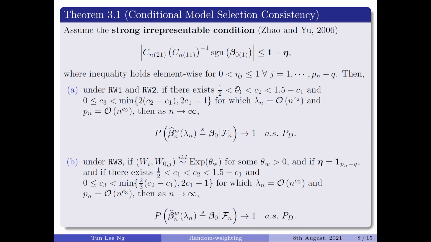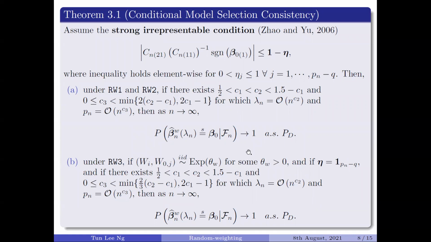So with this condition, then with the appropriate rates of growth for the regularization lambda n, and with proper rates of growth for the dimension p n, then the random weighting samples here do have the conditional model selection consistency.